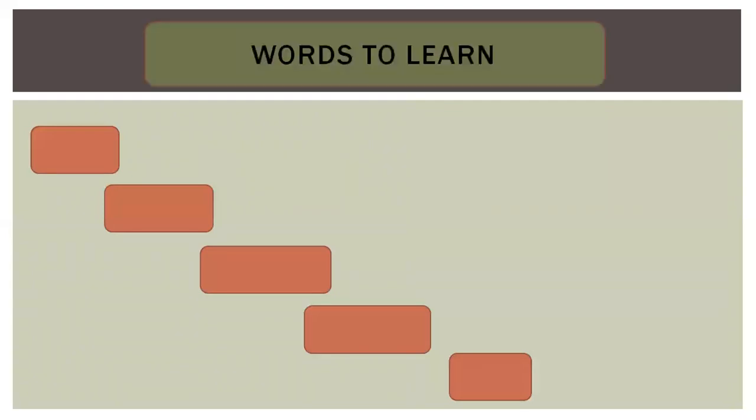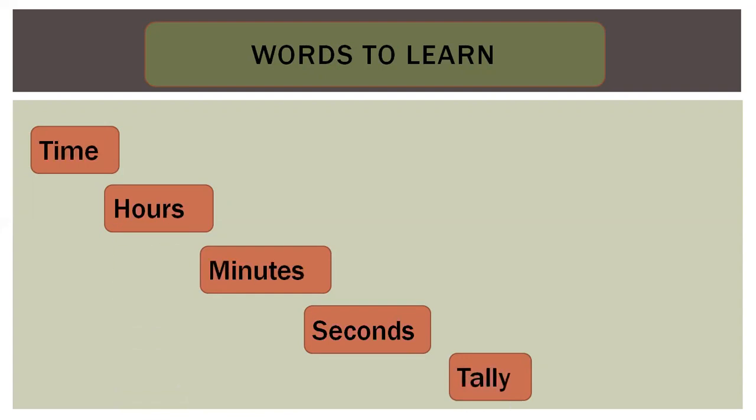First of all, let's see the vocabulary words, or the words to remember in this lesson. Time, minutes, seconds, hours, and tally. We can measure time in hours, minutes, seconds, and tally.